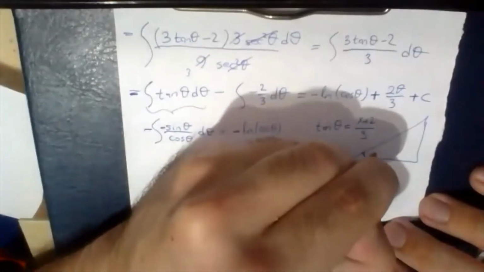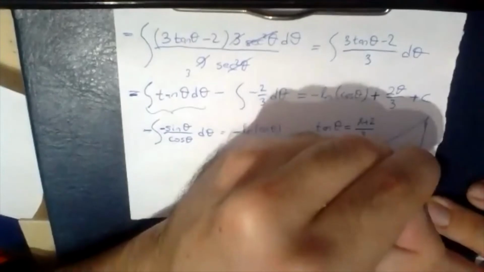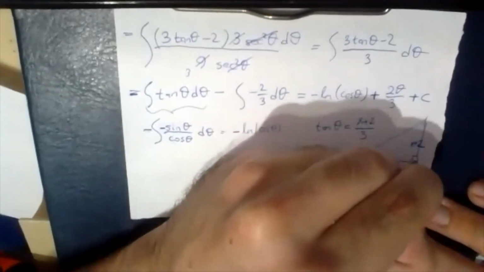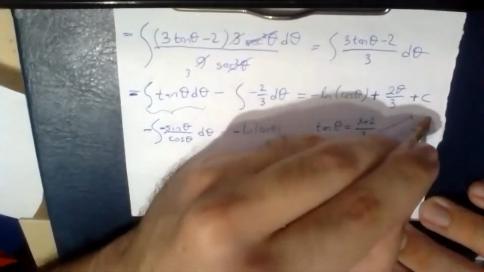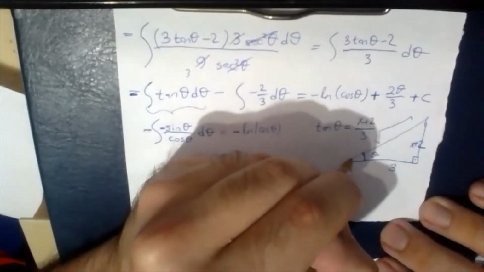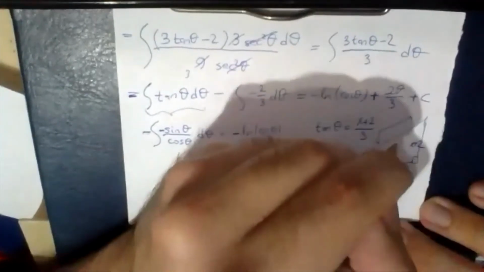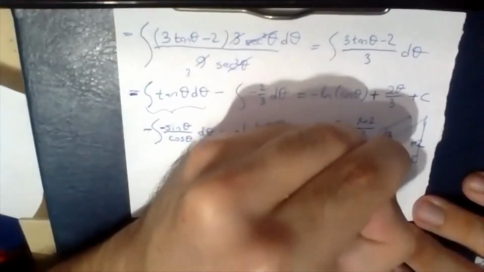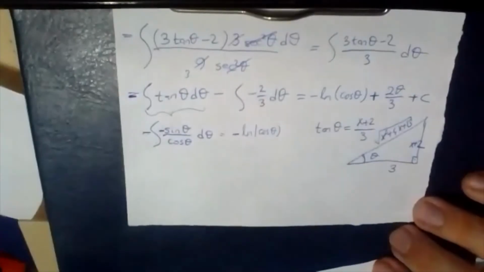If this angle is theta, since this is (x plus 2) over 3, the length of this side is x plus 2, this side is 3, and we can calculate by the Pythagorean theorem that the length of the hypotenuse is the square root of the sum of the squares of these, which is equal to the square root of x squared plus 4x plus 13.